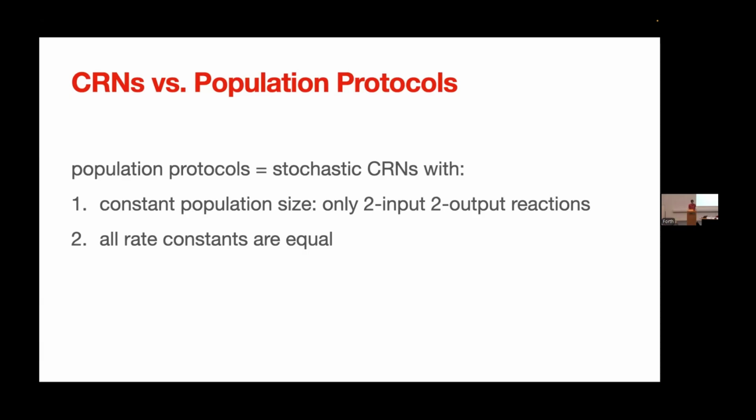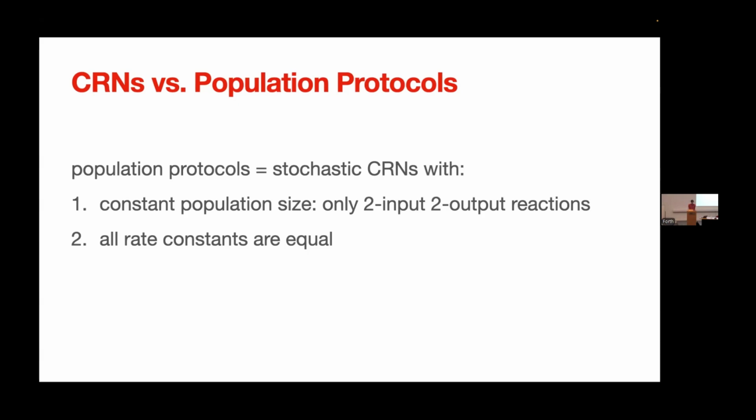They are restricted to only having binary reactions that produce binary outputs. So A and B meeting, giving C plus D. But it couldn't do A gives 2A. That's not allowed. Or A plus B gives nothing. Or A plus B gives only C.